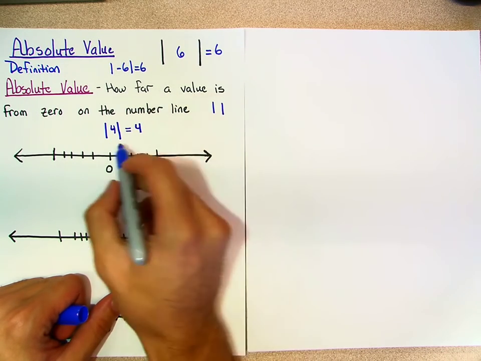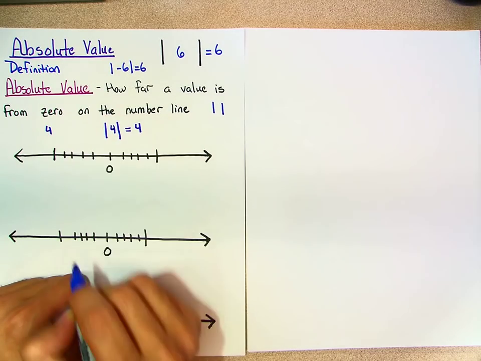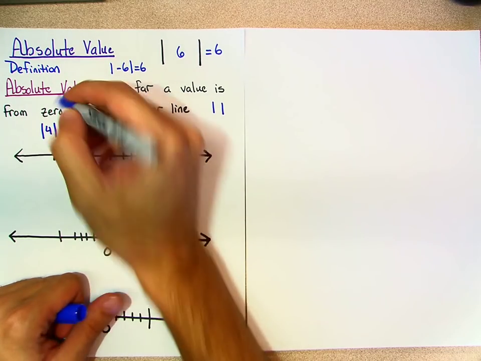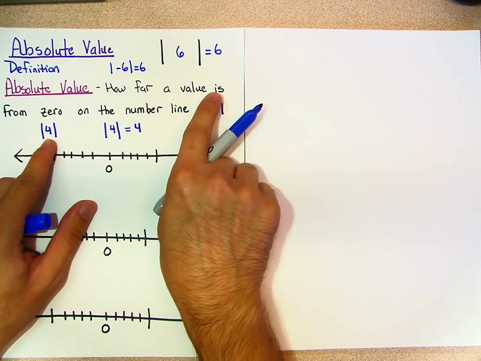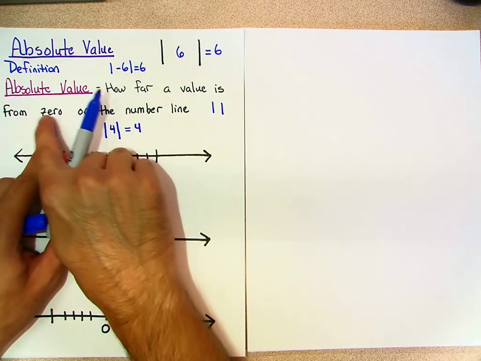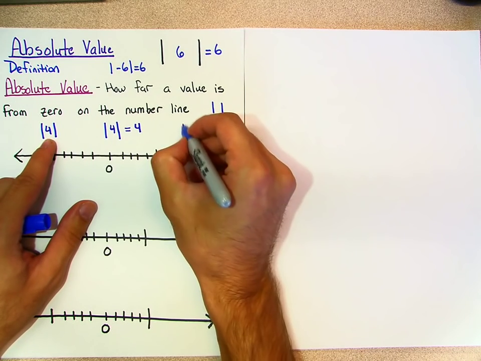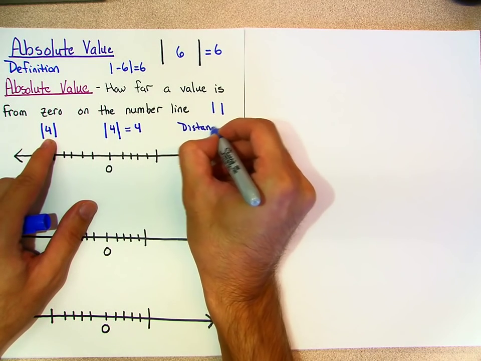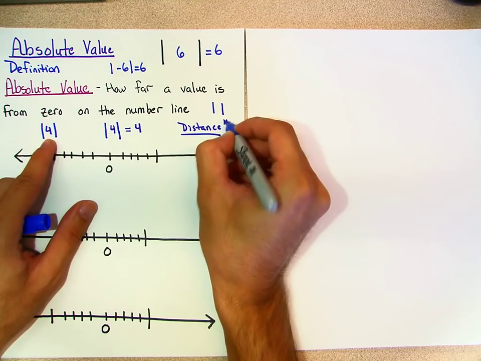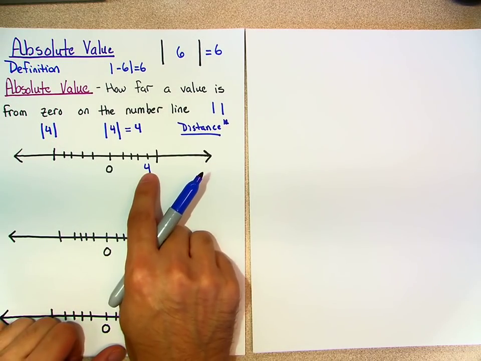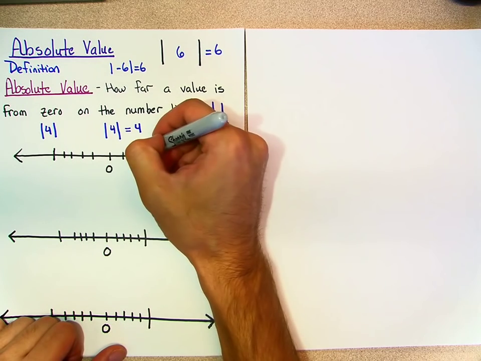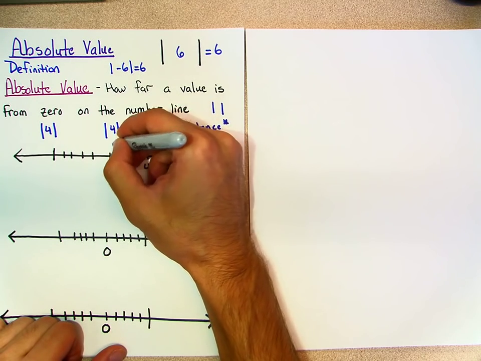But the reason is that you're taking how far a value is from 0 on the number line. You're taking distance. I should have probably written that down, but you're taking distance, okay? So if 4 is here, what is the distance from 4 to 0? It's 4. It's just 1, 2, 3, 4.